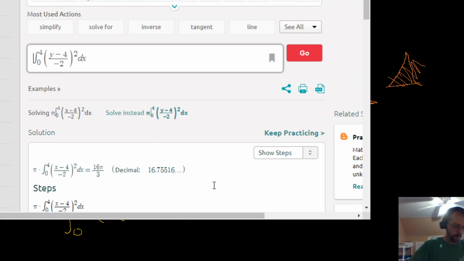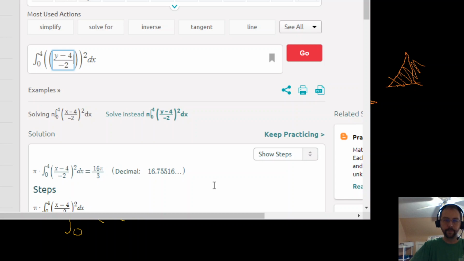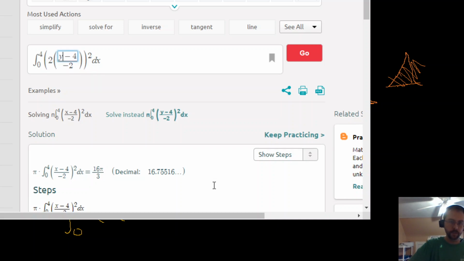All right, so the integral from 0 to 4 of, we need to put parentheses in here. I think I can do it like this. Yeah. 2 times y minus 4 over negative 2, the whole thing squared, and dy.